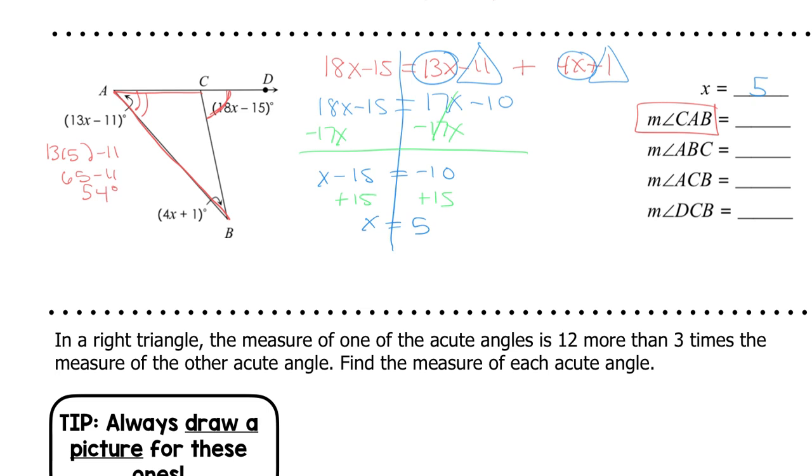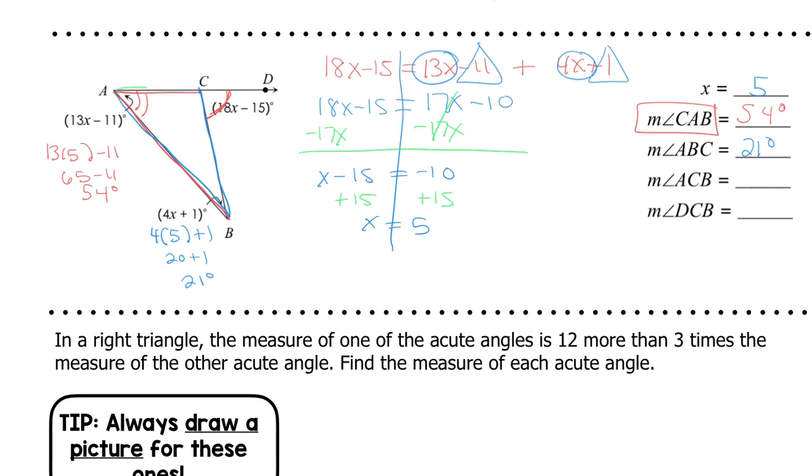So angle CAB is 54 degrees. Then we have angle ABC. So ABC. So 4 times our x, which is 5, plus 1, so 20 plus 1, so 21 degrees.